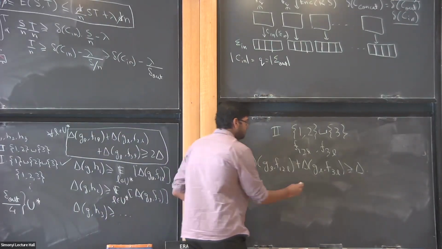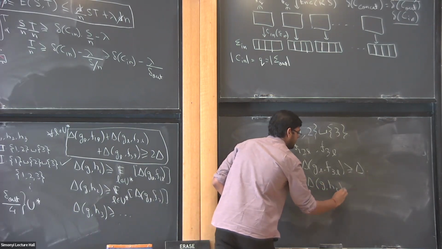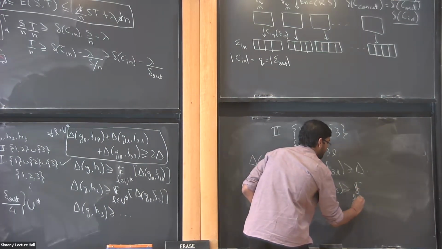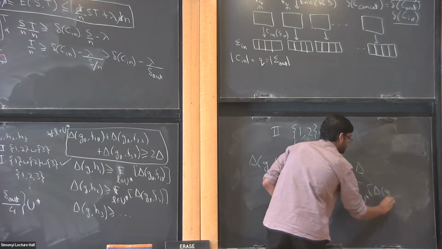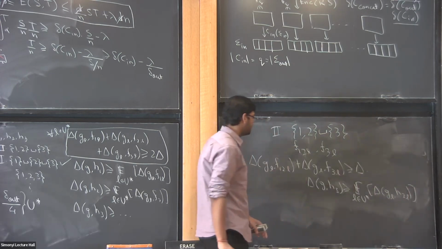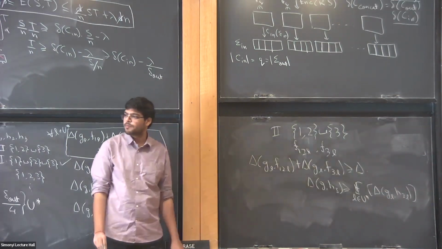And sure, we can also say that delta G H3 is greater than or equal to 1. Maybe 3 is still manageable. 1, 2 are less clear.